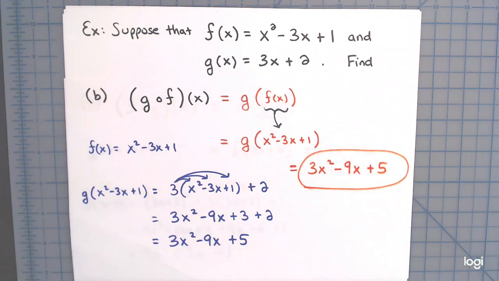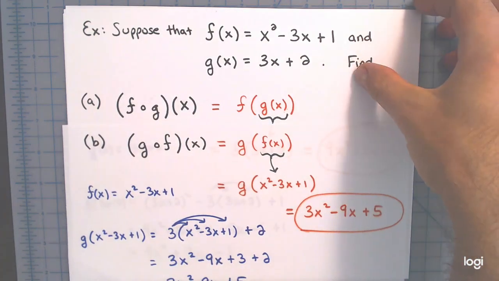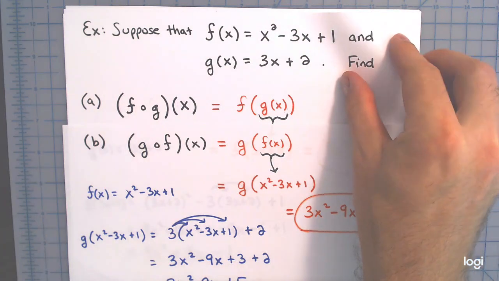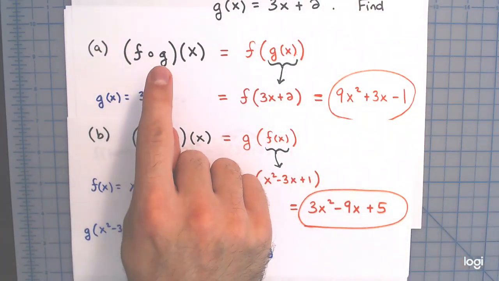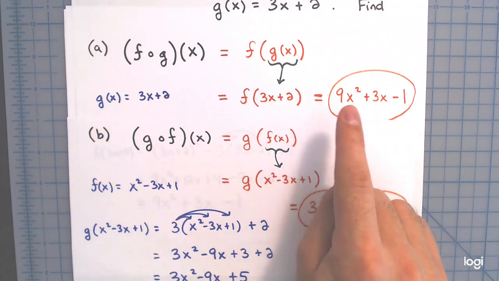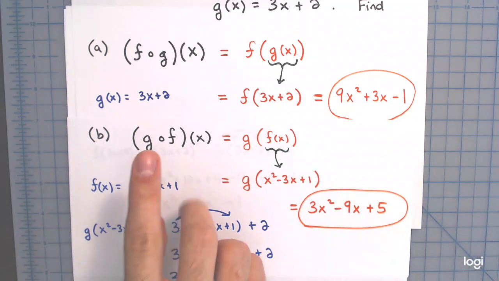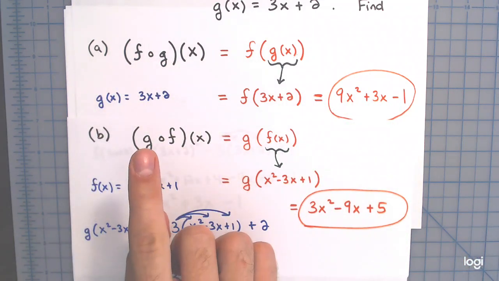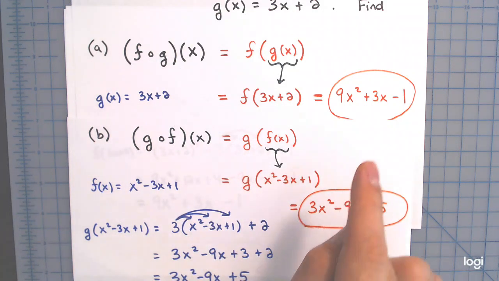And notice again how the order mattered. Look back at part A again. Look at how f composed with g at input x gave me this polynomial output, 9x squared plus 3x minus 1. But just switching the order, g composed with f at the same input has a different output.